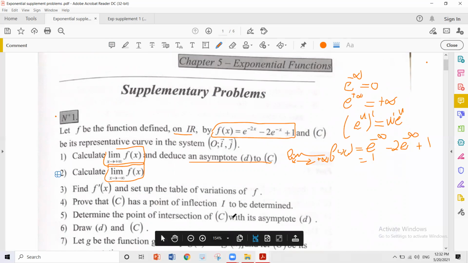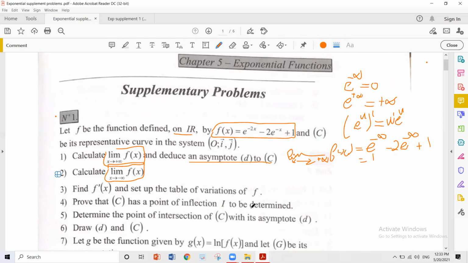Determine the point of intersection of C with the asymptote. How do we find the intersection between a curve and the asymptote? y equals y. What is y?